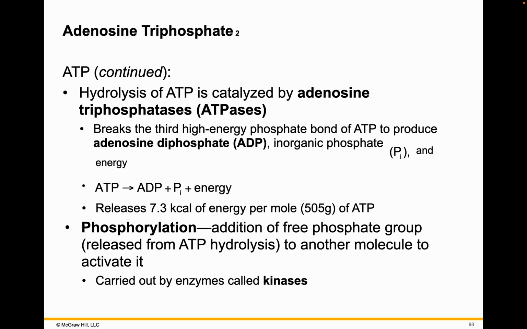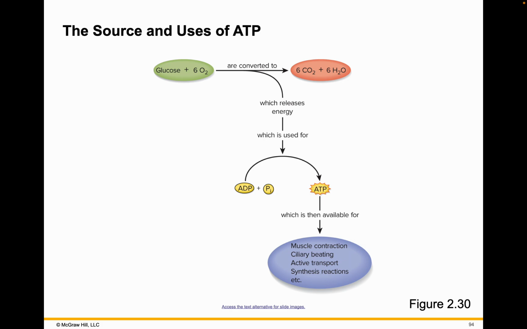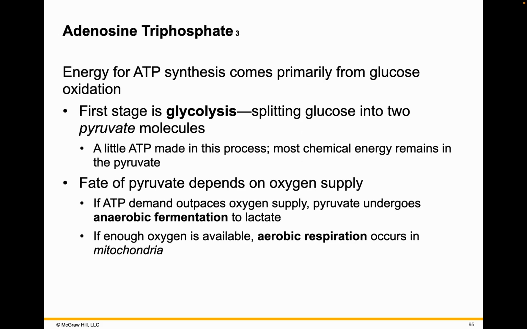Hydrolysis of ATP is catalyzed by adenosine triphosphatases, ATPases. It breaks the third energy bond to produce ADP, and then it can be phosphorylated to build ATP again. That's carried out by an enzyme called a kinase. Energy for ATP comes generally from glucose.